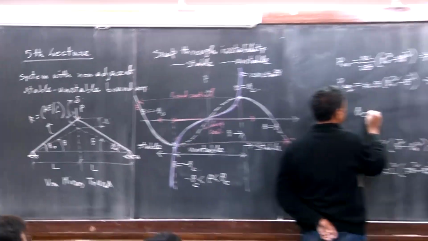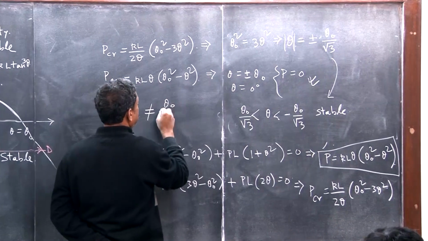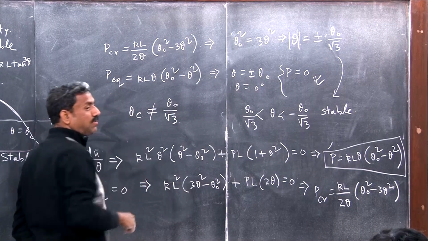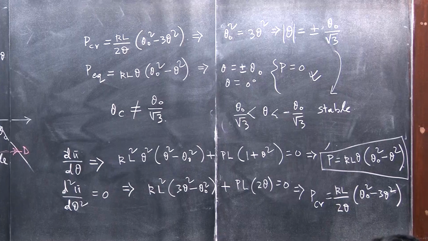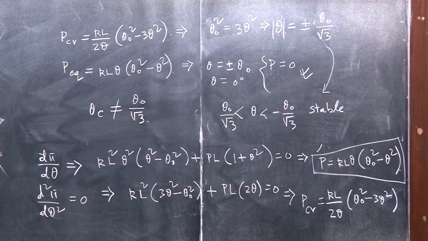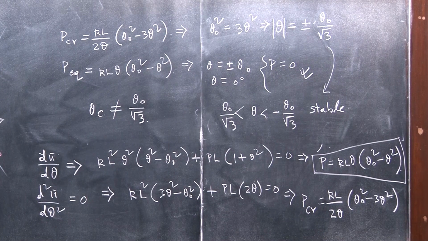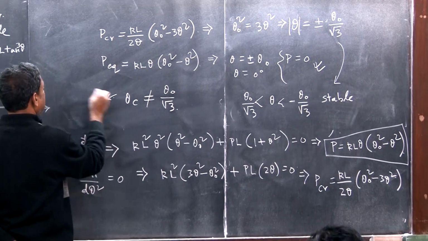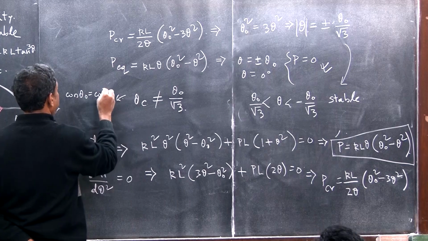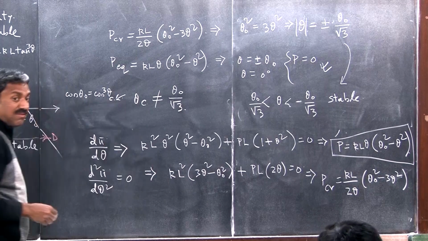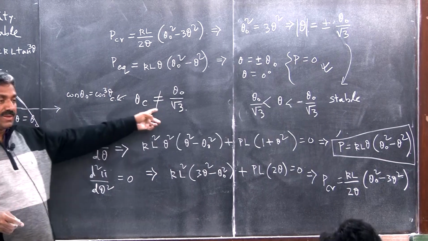Theta c you obtained by solving the trigonometric function, sec theta 0 minus sec theta. This theta c we obtain from solving the equation that cos theta 0 must be equal to cos cube theta c, right?